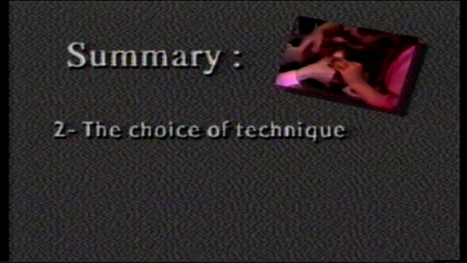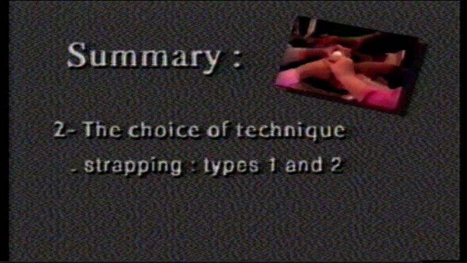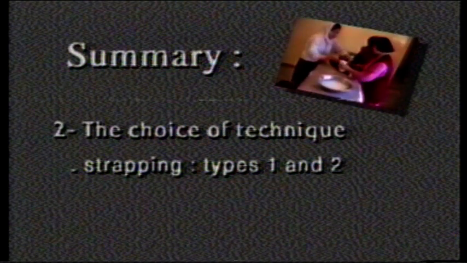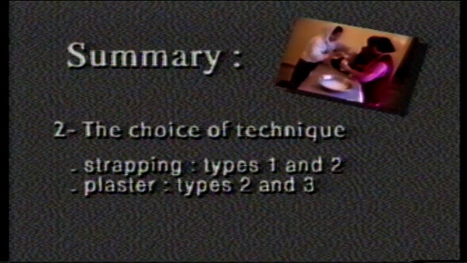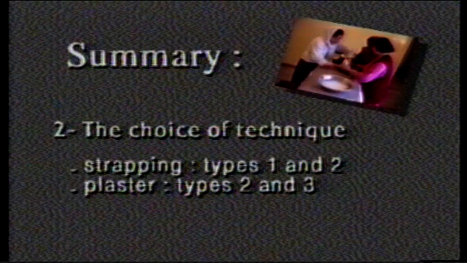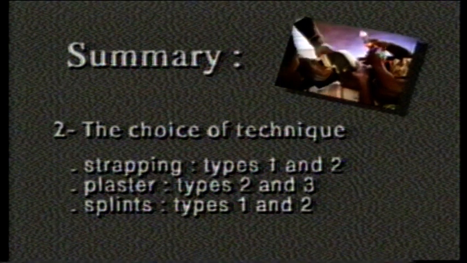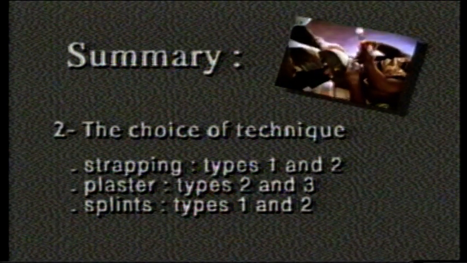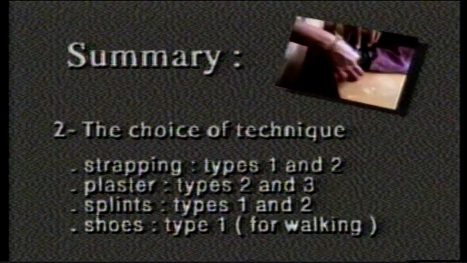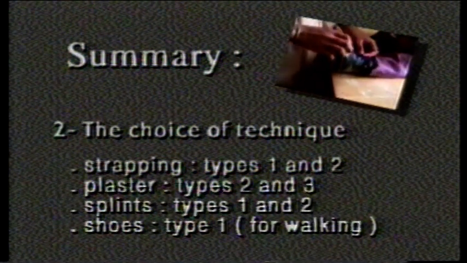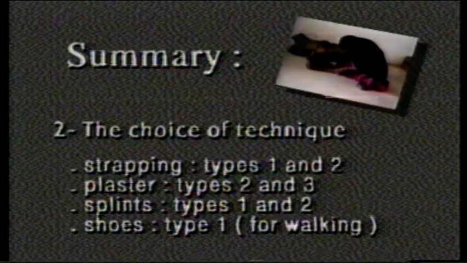In general, we use strapping for types 1 and 2, plaster for types 2 and 3, splints for types 1 and 2, shoes for type 1 for walking. All these techniques require close supervision and follow-up of the child.